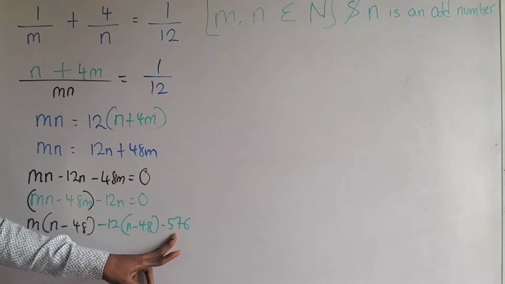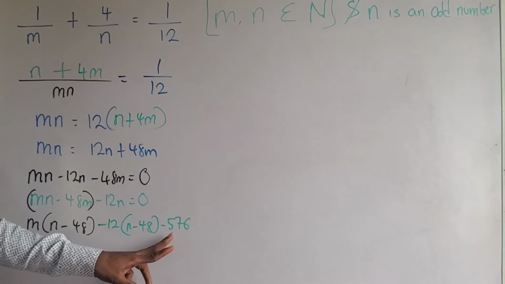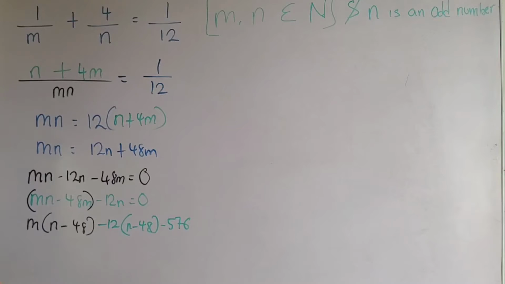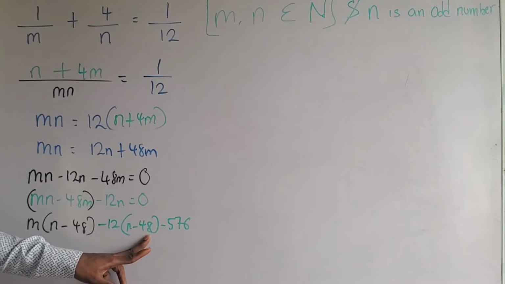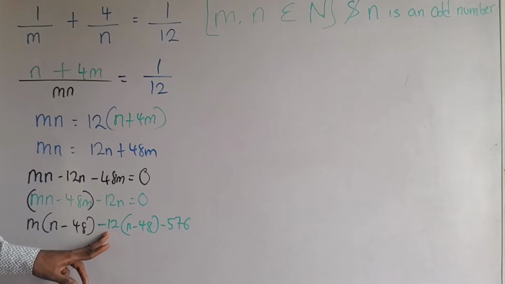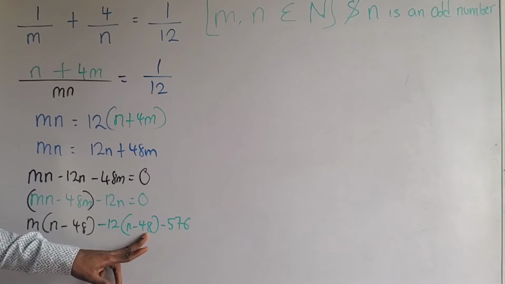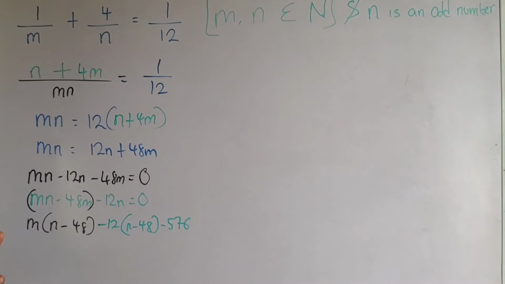Now the reason why I subtract 576 is simply because if you take the product of this parenthesis, negative 12 times n is negative 12n, and negative 12 times negative 48 gives you positive 576.